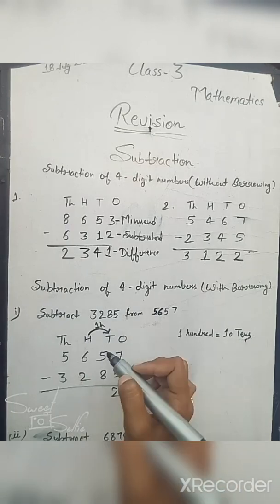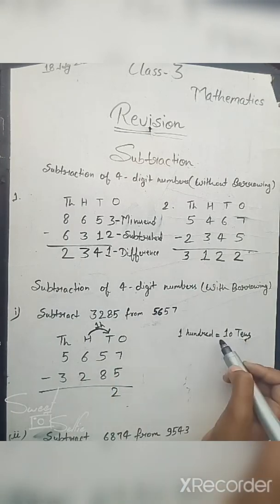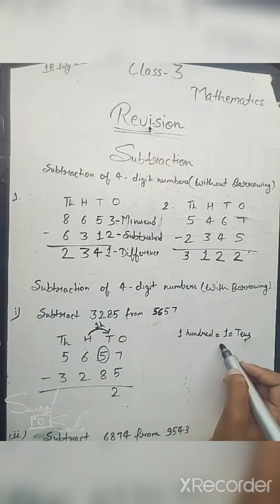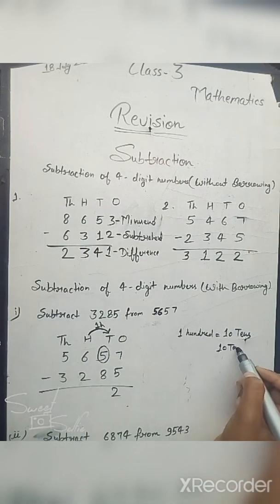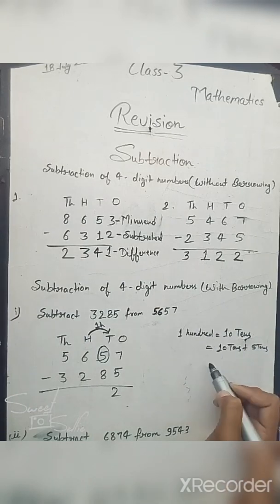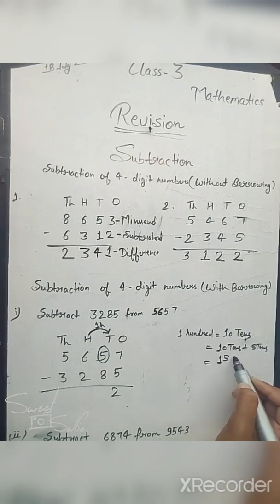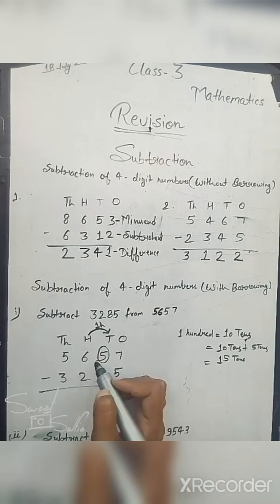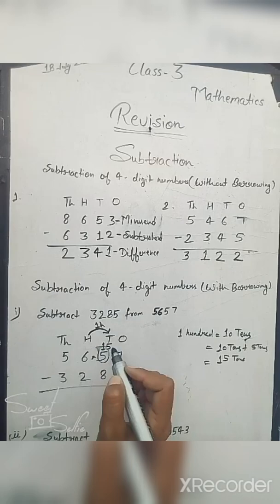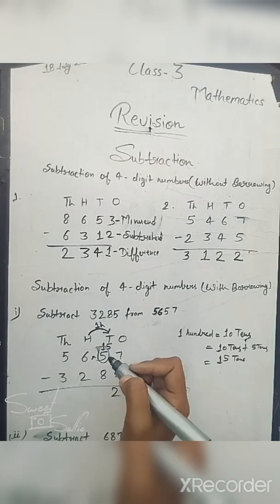And now here, 10 tens and 5 tens already, so here will be 10 tens plus 5 tens, which is equal to 15 tens. Now we can subtract 8 tens from 15 tens.